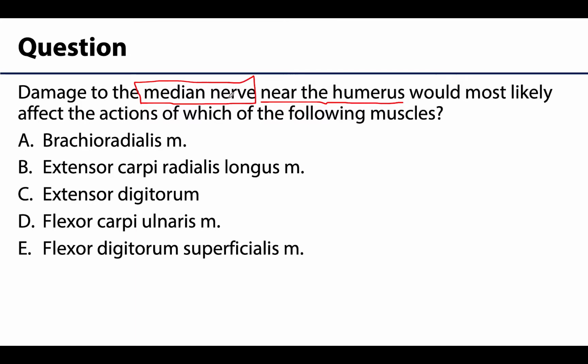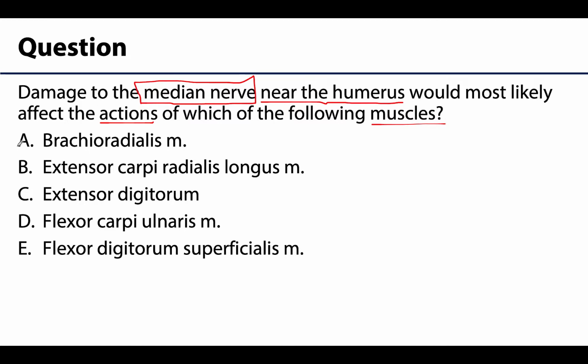Okay, so median nerve again, and it's affecting the actions of which of these muscles? So think about it before we even look at the answer choices. Median nerve is going to innervate what out of what we just discussed? So it is most of the muscles of the anterior compartment of the forearm. So let's look at this real quick. Let's get rid of the ones that aren't part of that compartment.